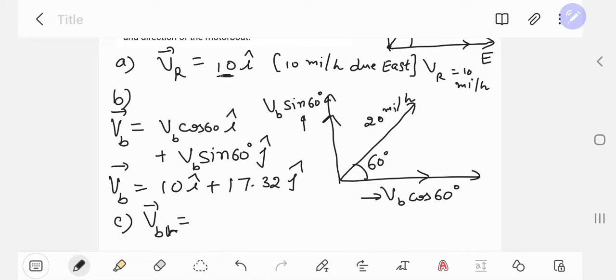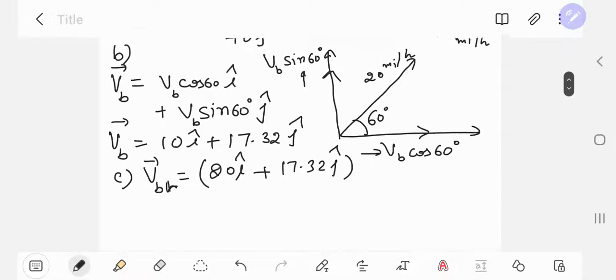I will simply add 10 plus 10, which becomes 20 i cap for the x component. The river doesn't have any y component, so it's 0 j cap plus 17.32 j cap. So that is it for the true velocity.